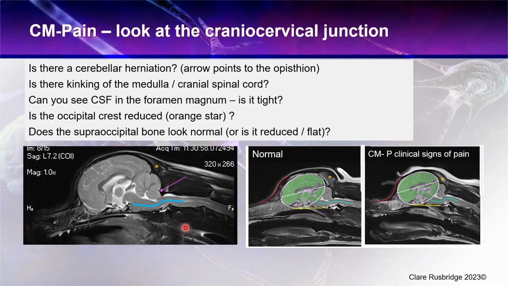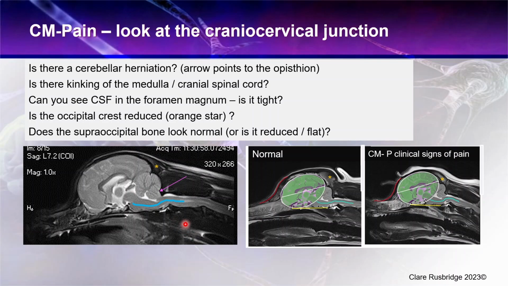So the CSF is obviously white, and we can see it here in the cisterna magna. The cisterna magna is quite small. We can't really see anything round here. If we compare it to this dog, if you can get in close, we can see a little bit of CSF in this region, and perhaps a little bit more in this dog here.